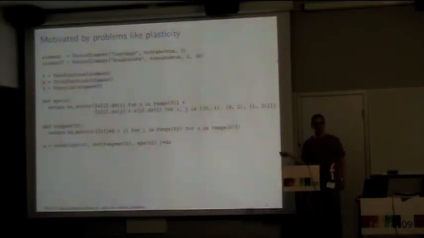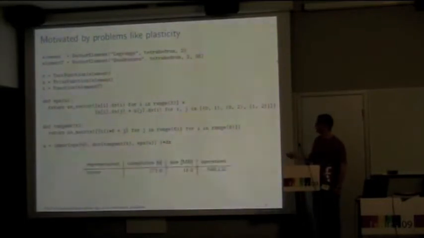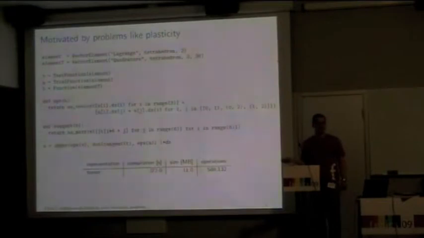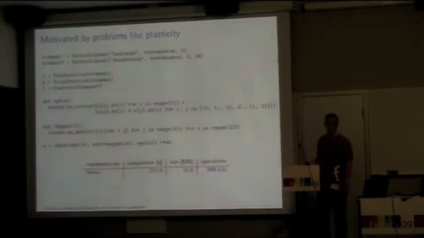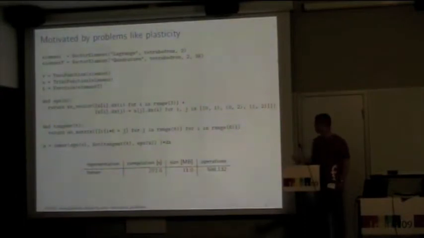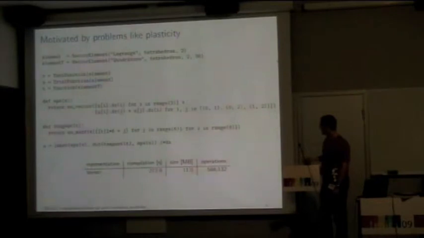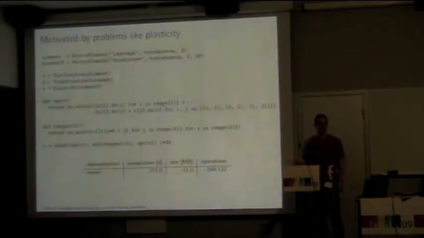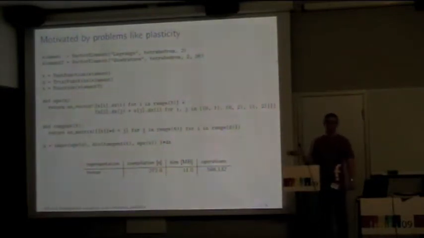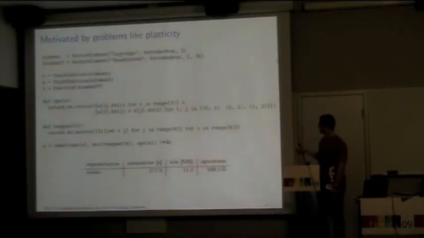So when we compile this with the original FFC, we had to sit around and wait for it for like 4.5 minutes, which is pretty long if you're in a hurry like Garth is. And the output of the generated code is 11 megabytes, which is quite large actually. And when you try to compile this with C++, then it takes forever. And the number of operations, however, is pretty good.